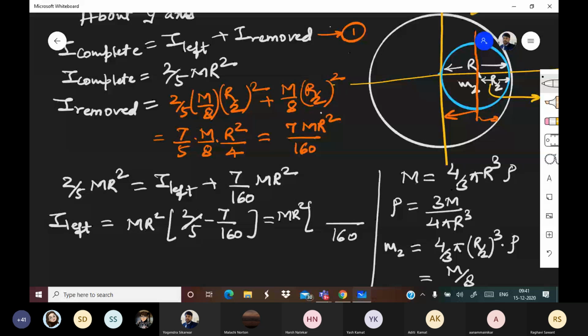So when you have taken 160 as LCM, 32 into 2 will be 64 minus 7. So that will be 57 mr square upon 160, and that is I left. That is the answer.